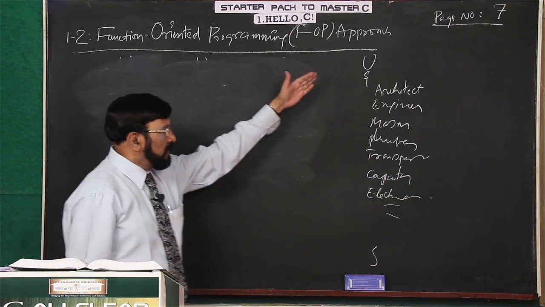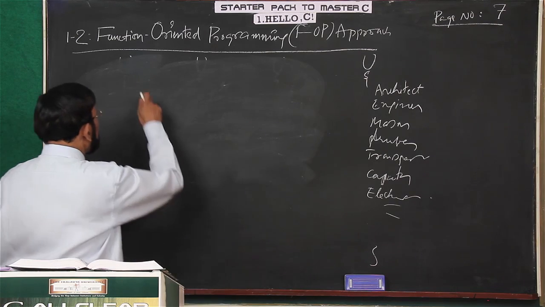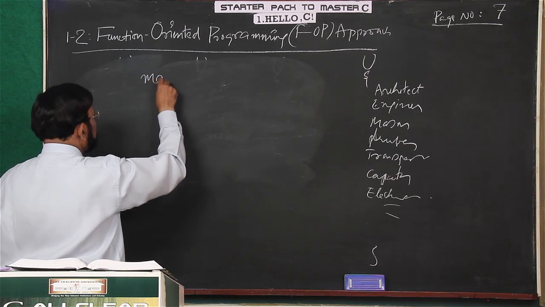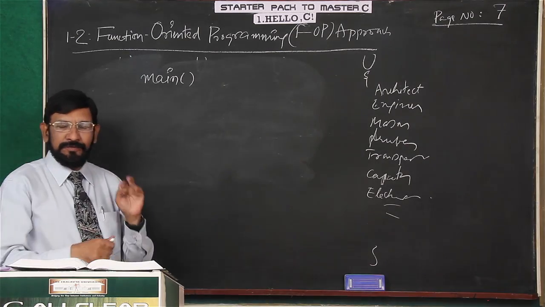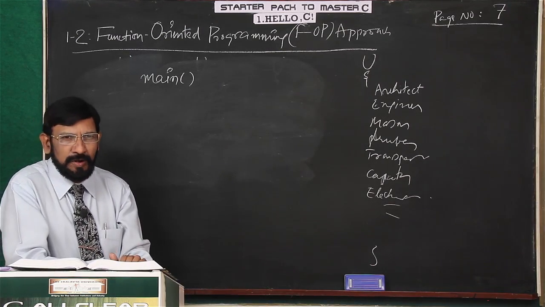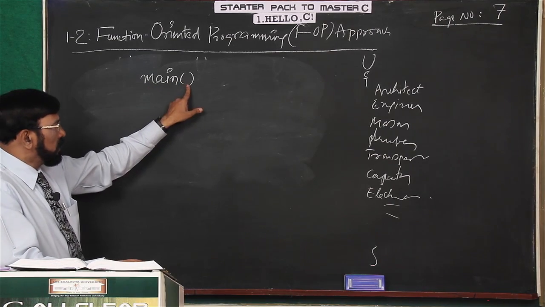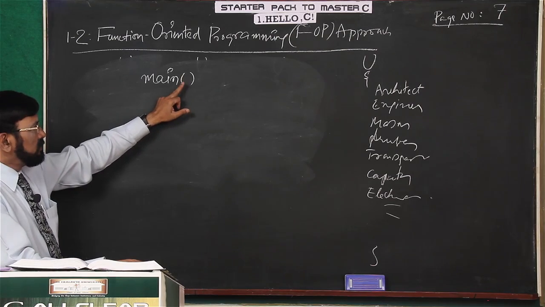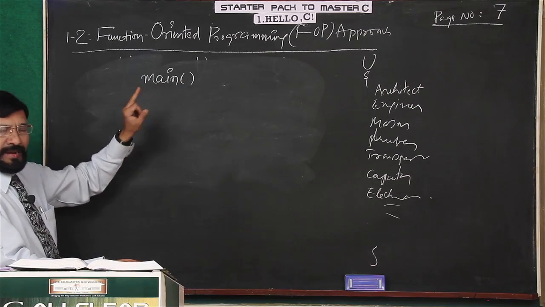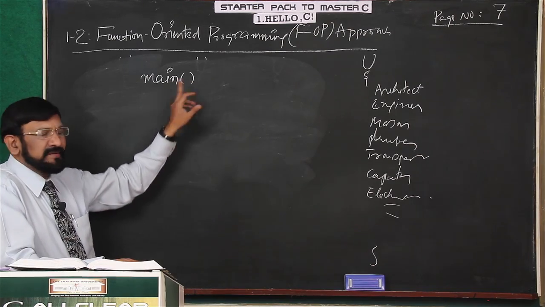So in all the examples I have written, C engages a specialist, a function, that is main. Actually, every function in a C program has one name, and after that you write two brackets, called parentheses. The name indicates what it is doing, and the parentheses tell you it is a function.